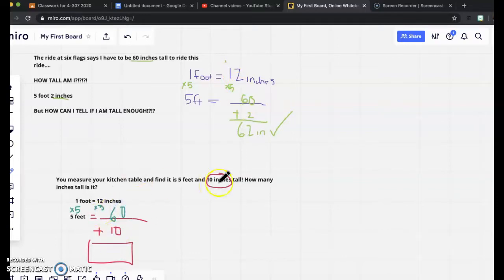Plus 10 because there's an extra 10 inches, it's 5 feet and 10 inches tall, so that would be 70. So your table is 70 inches. I'm going to put my inches, that's the abbreviation, IN is the abbreviation for inches. Yours is 70 inches tall, so you just got to figure out what feet is in inches, and then add whatever inches are on the other side.